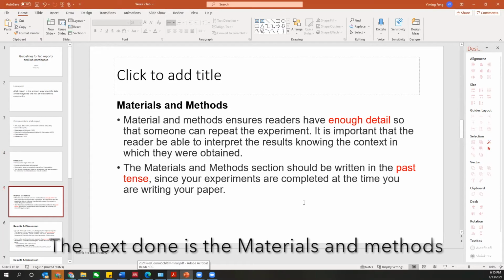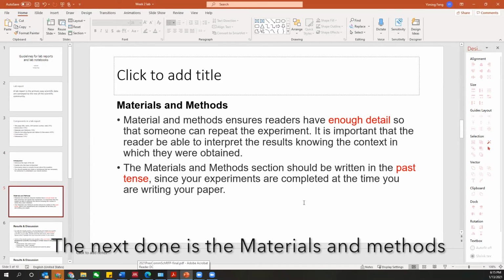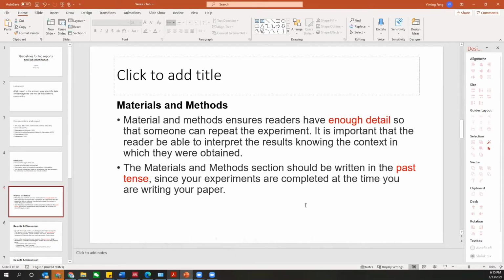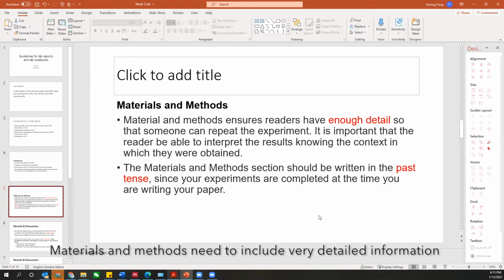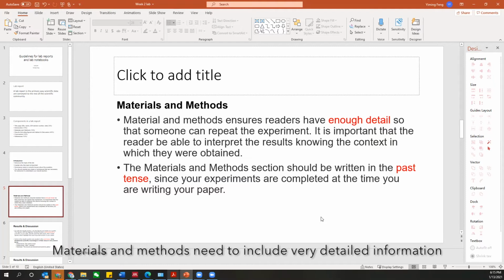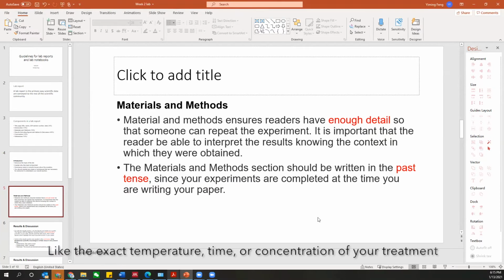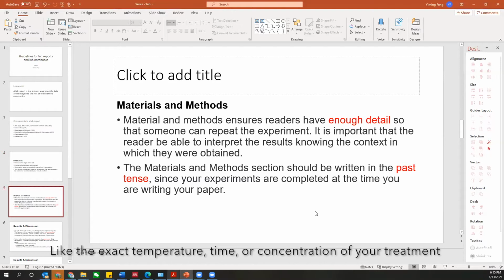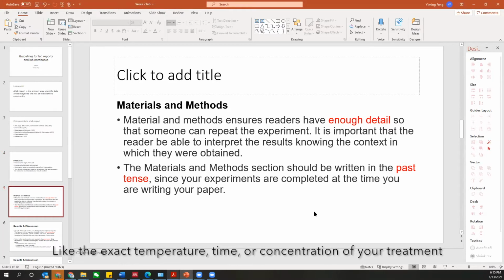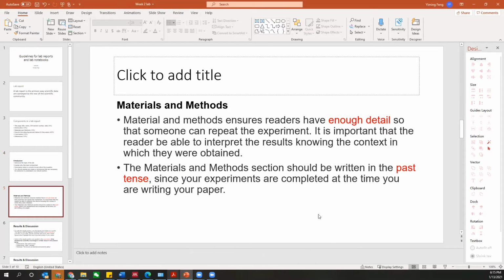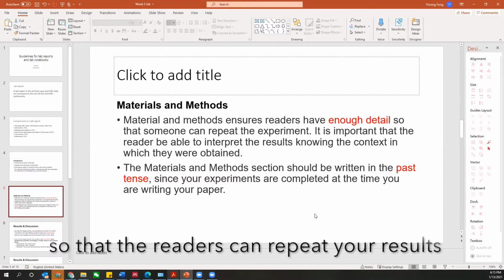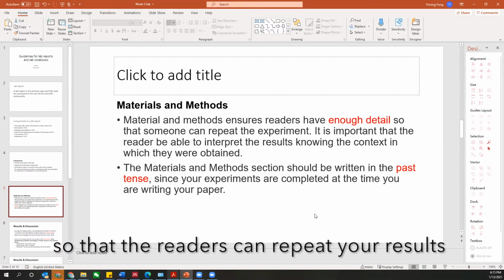And the next one is the materials and methods. Materials and methods need to include very detailed information like the exact temperature, time, or concentration of your treatment so that the readers can repeat your results.